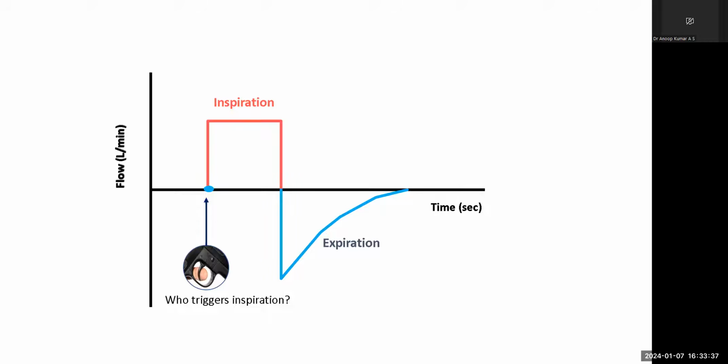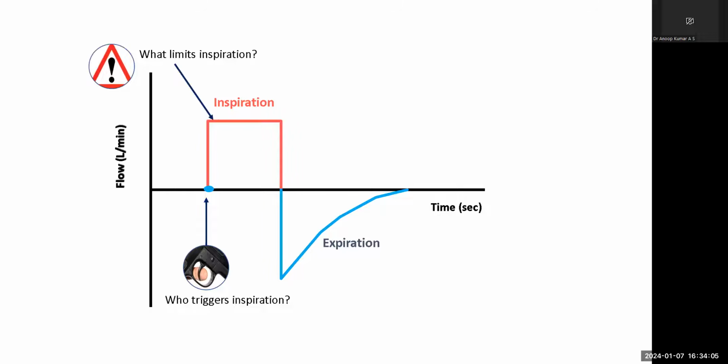If the patient is breathing, the machine will trigger according to the patient effort, or the patient effort will be synchronized with the machine delivery. If the patient is not breathing at all, then the machine will give the breath. That is the assist control mode. So all the ICU ventilators have only assist control mode and there is no control mode. So that is about triggering the inspiration.